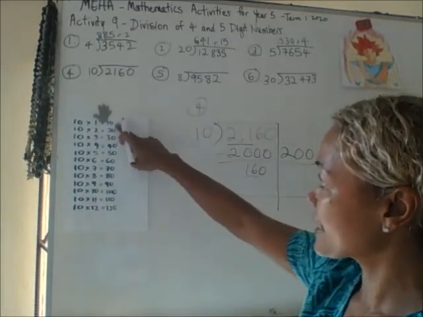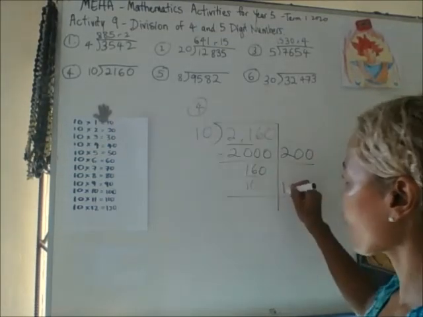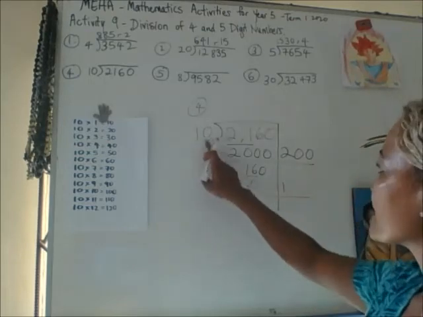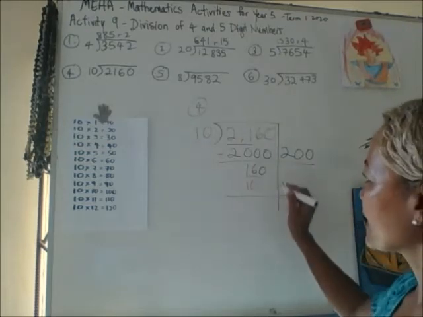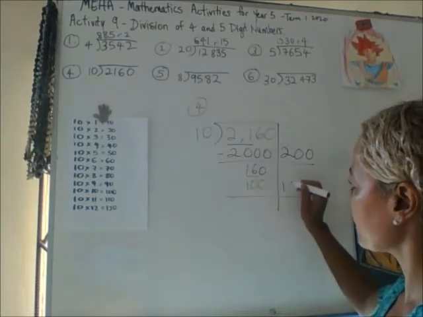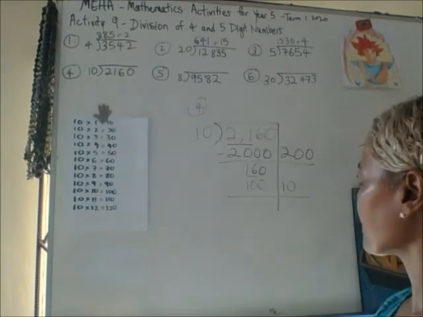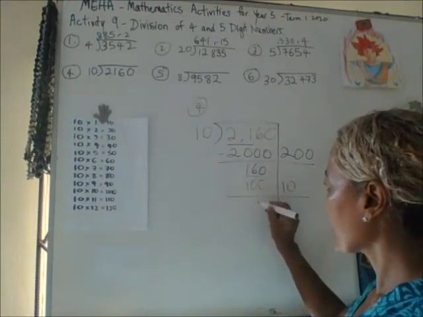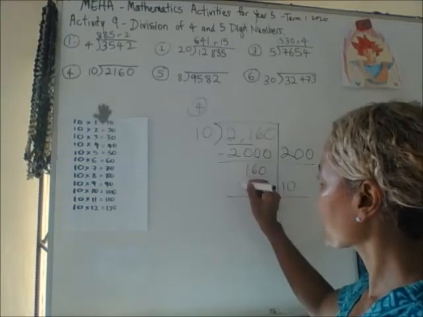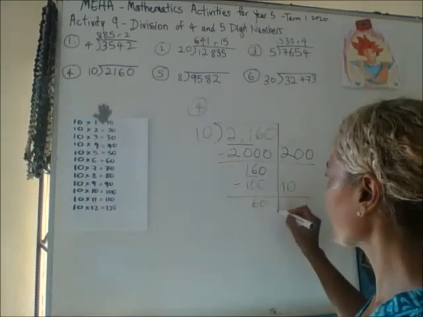Once. 10 ones are 10, right? Need to add another digit there to make it 3 digits, so it matches the top. Add another 0, do the same thing. What remains when you minus that 100 is 60.